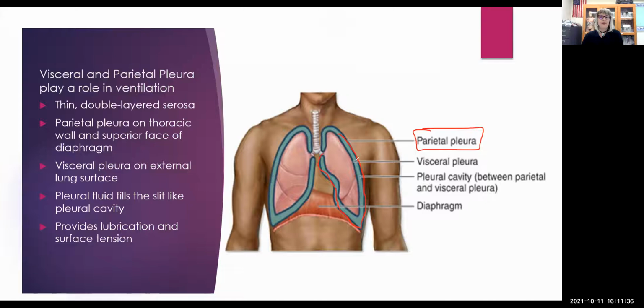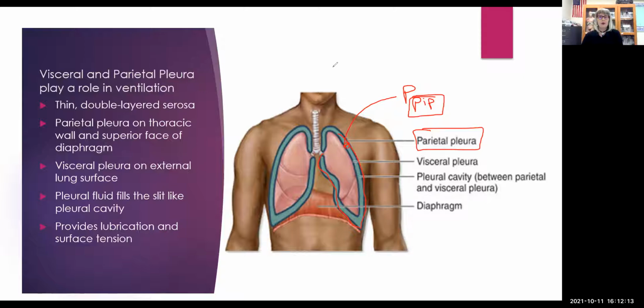It lines the cavity. Now listen, in between, we have this little space here. I don't know if you can see my drawing, but that little space is the space in between the lung and the cavity. We call this PIP, which is the intrapleural pressure. We can measure the PIP, the pleural pressure inside the intrapleural space. It's the space between the lungs and the cavity.